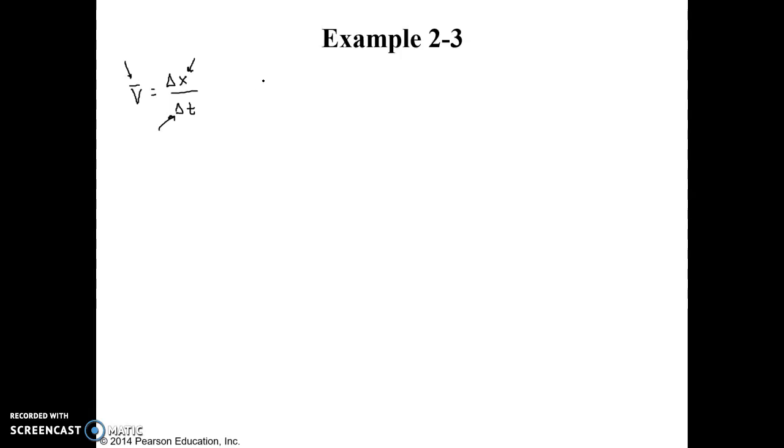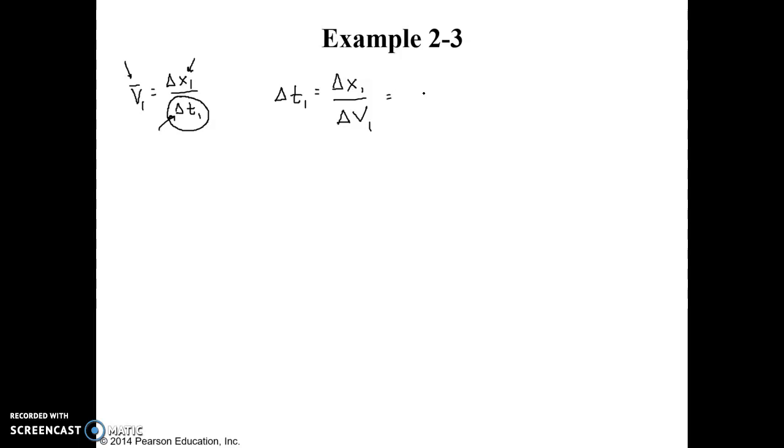We're just looking at the first part of the trip now. So v1, x1, t1. We want to solve this equation for this variable. So we rearrange it algebraically, and we get delta t1 is equal to delta x1 over v1.